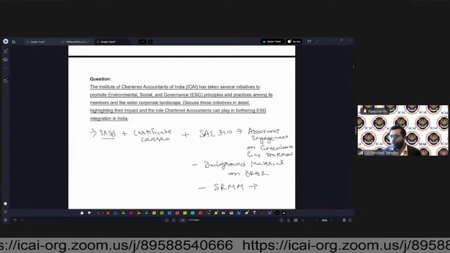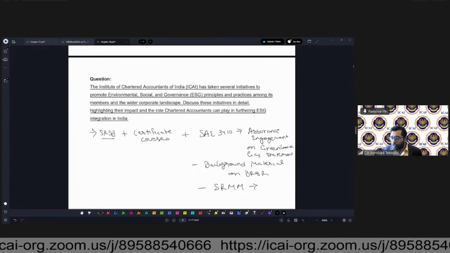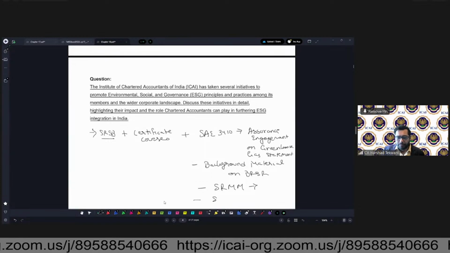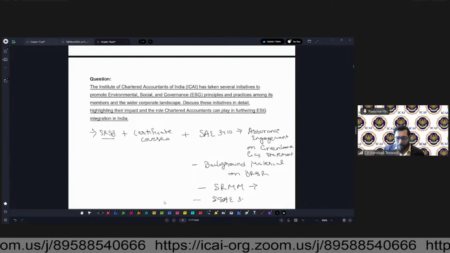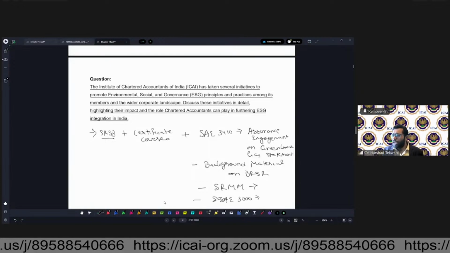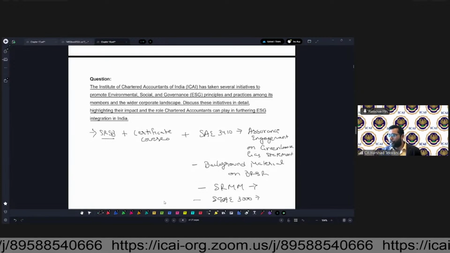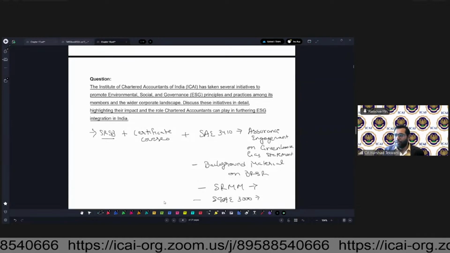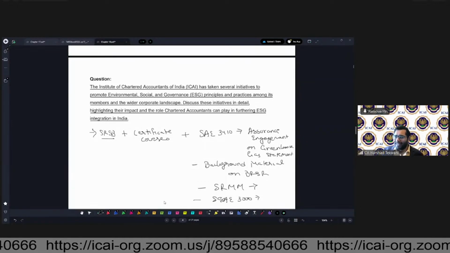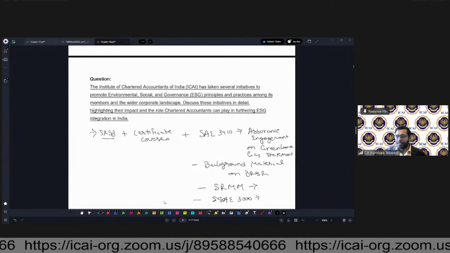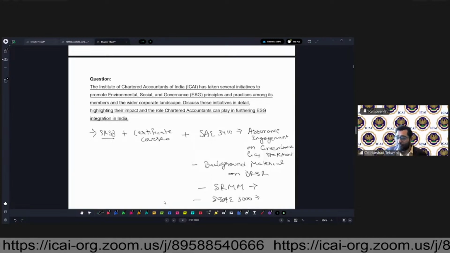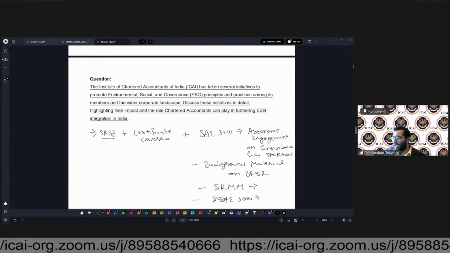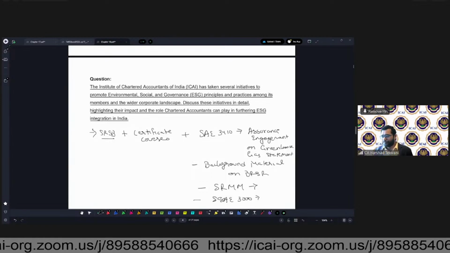Also, there is an exposure draft of SAE 3000, that is on assurance engagement on sustainability information, which is yet to be implemented after March 2024. So these are certain initiatives taken by ICAI in the field of ESG.